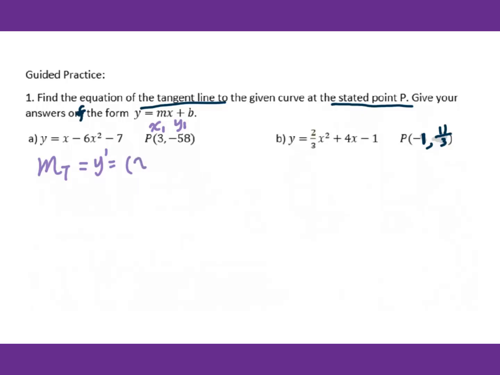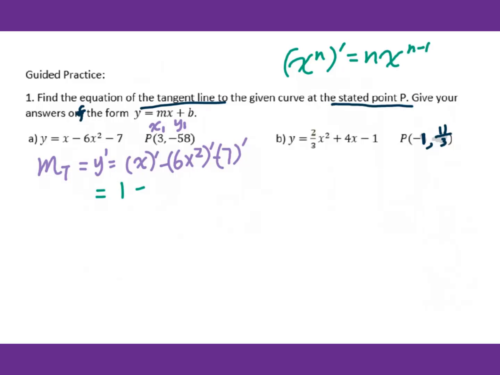Do the derivative of x, minus 6x squared, minus 7. So we get 1 minus, remember the power rule, drop down and minus 1, so we have 12x. Constant number will be 0.